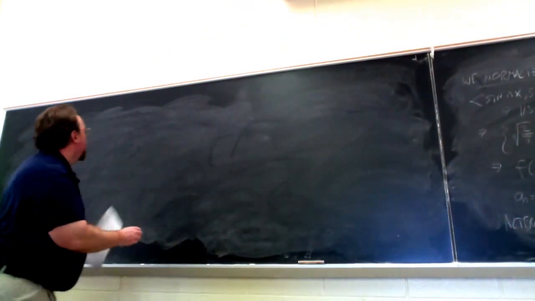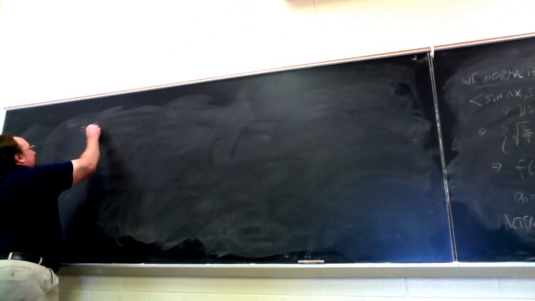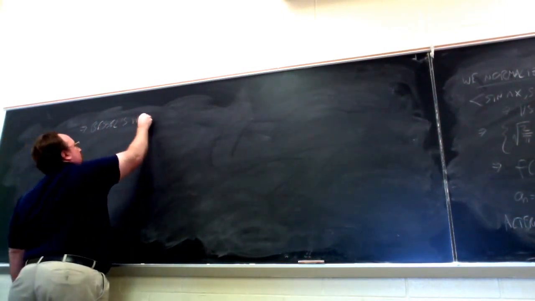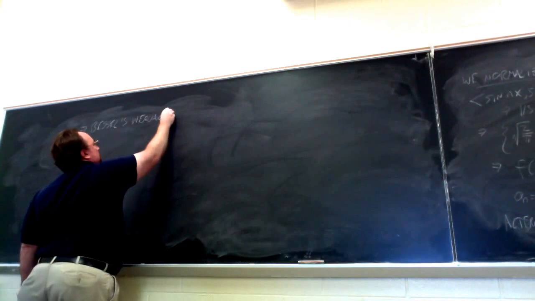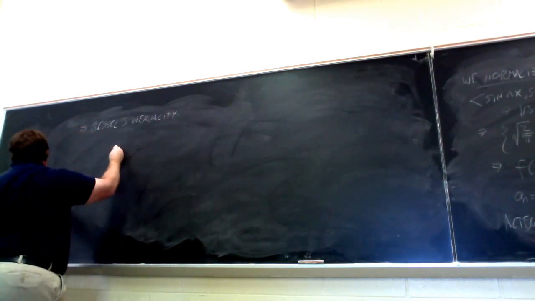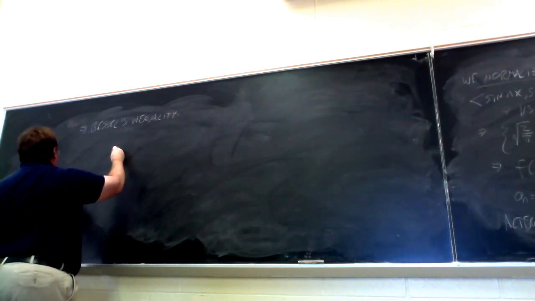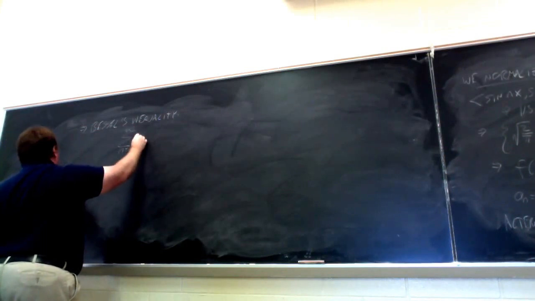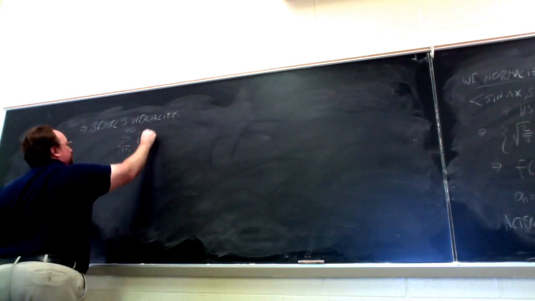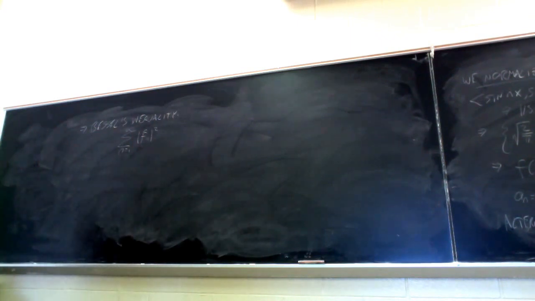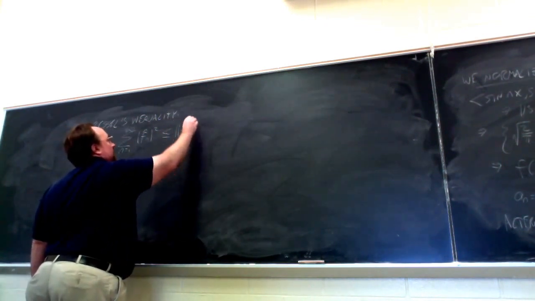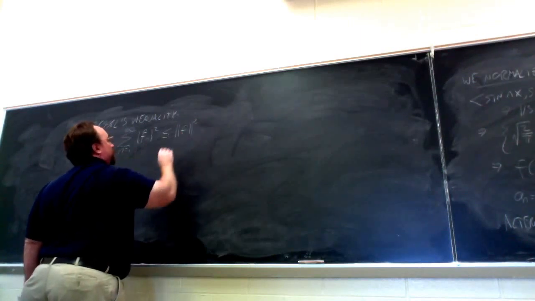Okay. So what we get from that is what's called Bessel's inequality, which says that the sum of the absolute values squared of all the generalized Fourier coefficients of a function f is less than or equal to the norm of f squared.